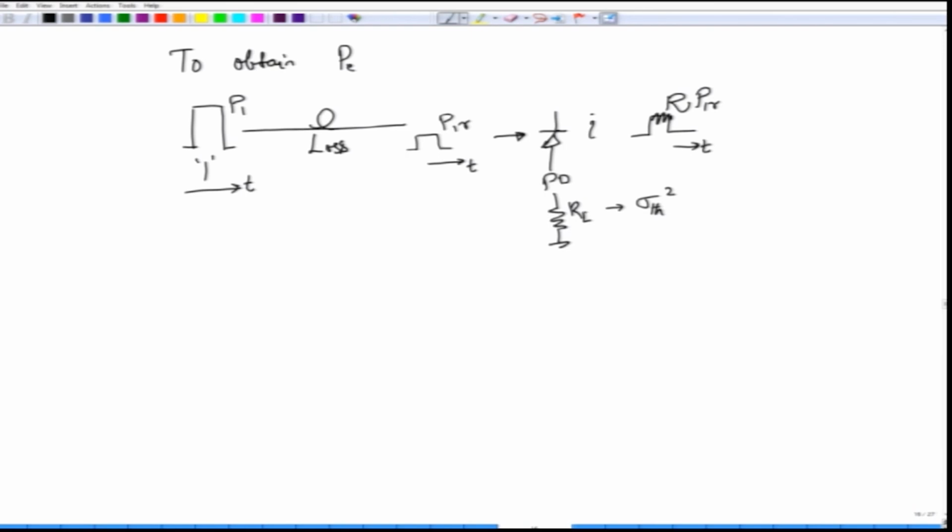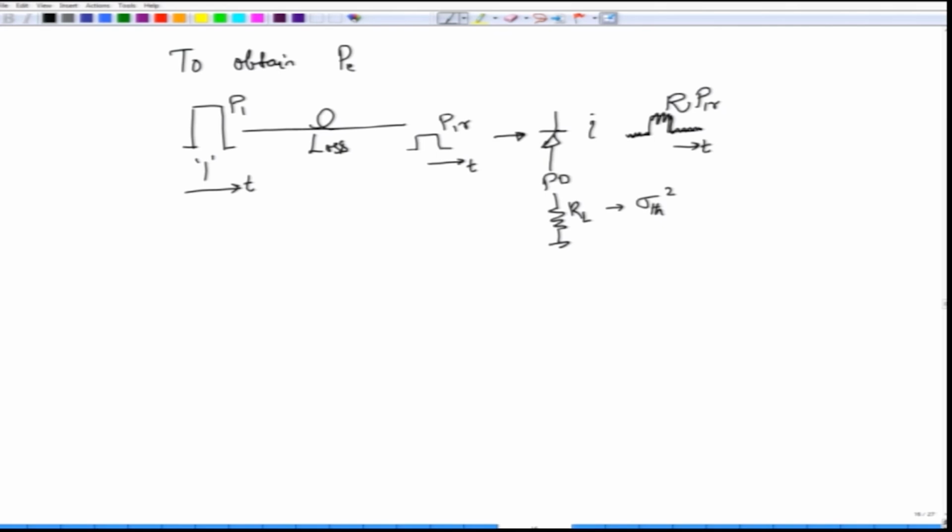This thermal noise is of course independent of what optical power you have transmitted, it simply depends on the temperature at which the resistor has been kept, and the value of the resistance itself. So, this is the waveform that you have received, and if you have transmitted a 0 in the next slot, you would also see some amount of noise.